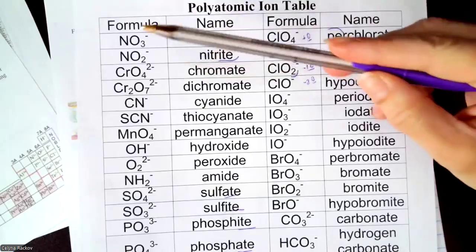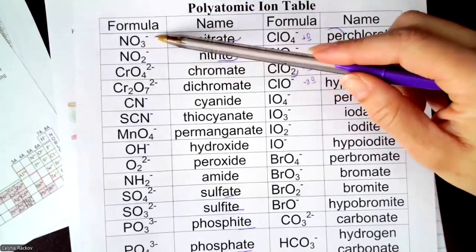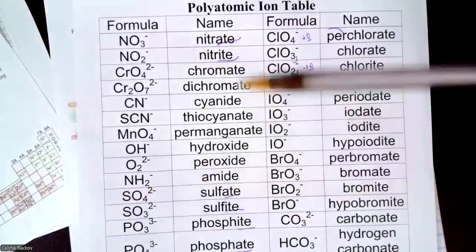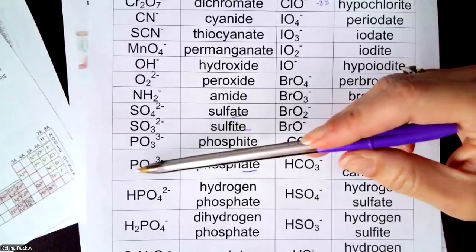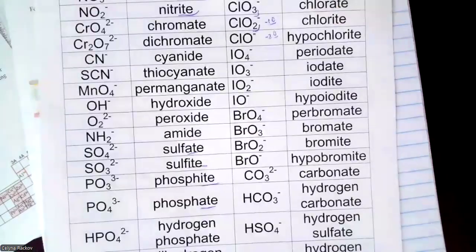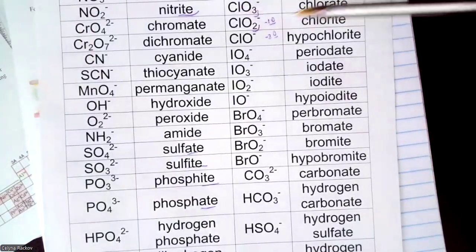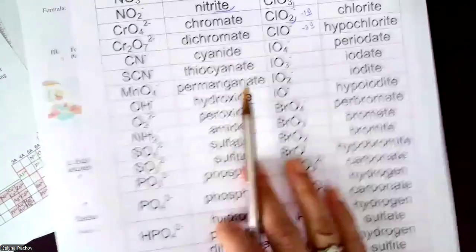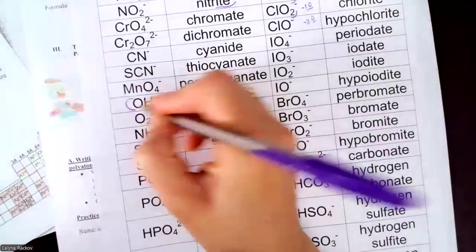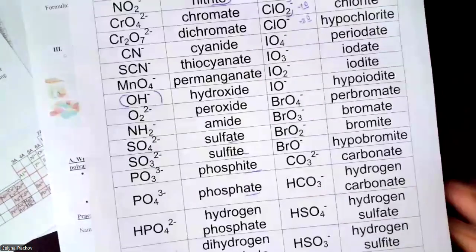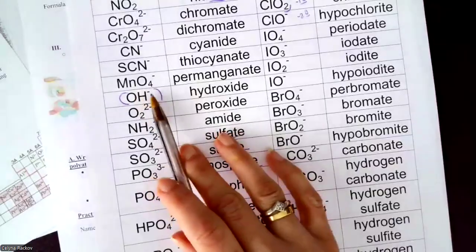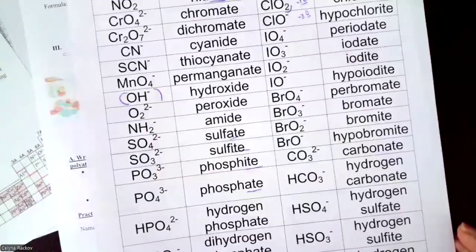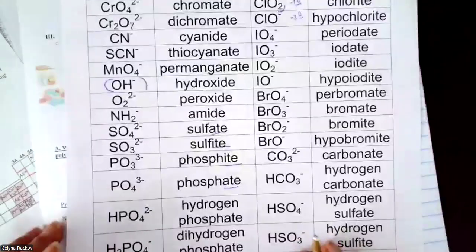So nitrate, NO3 minus. Sulfate, SO4 2 minus. Phosphate, PO4 3 minus. Chlorate, ClO3 minus. And the hydroxide, you need to memorize hydroxide. Also, hydroxide is OH minus. It's called hydroxide. Okay.